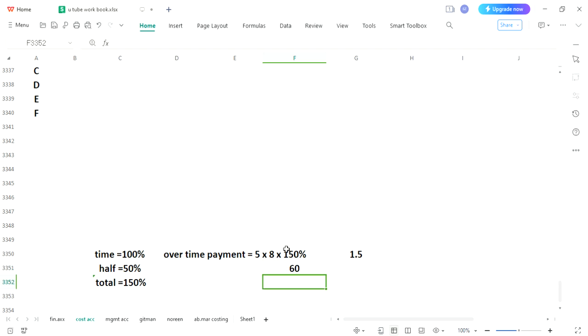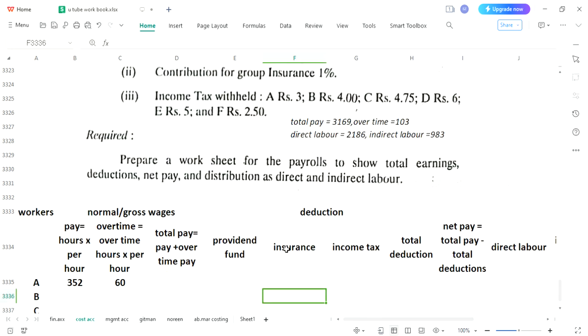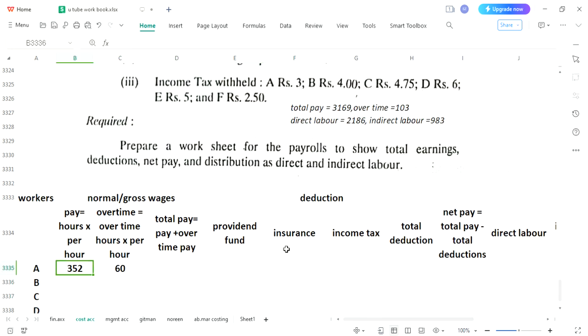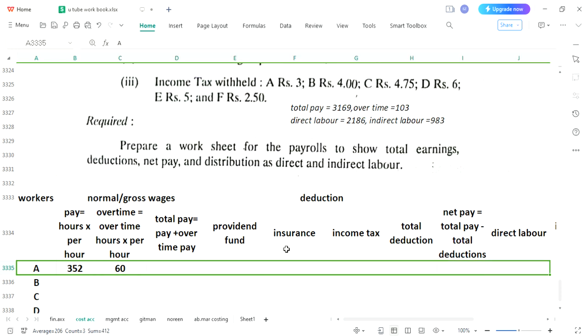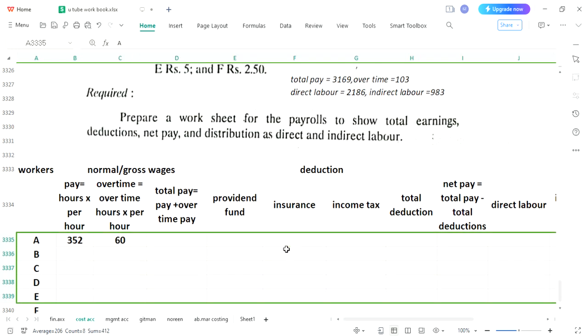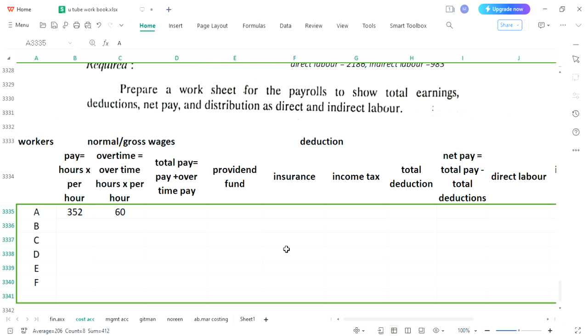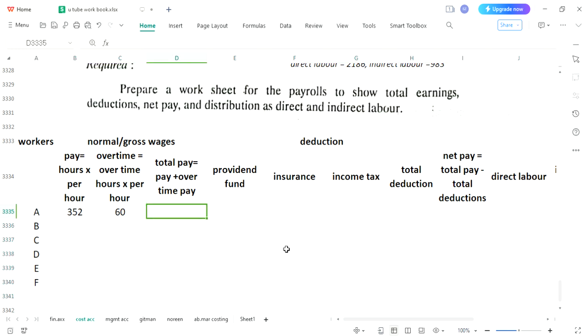In this way our calculation for the first worker's overtime has been completed. Now we will elaborate the calculation of total pay, for which no complication is present. What you will do is normal pay plus overtime pay. This way you can calculate your total pay.